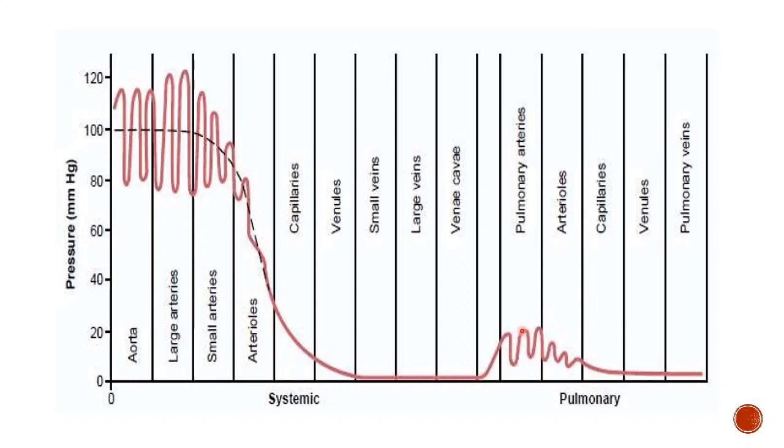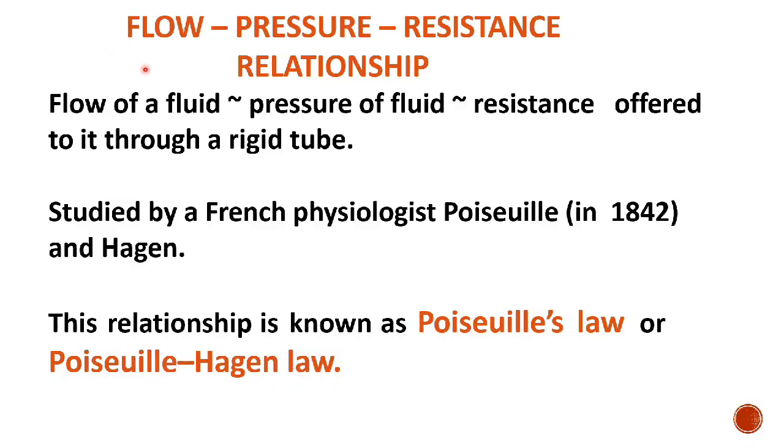And then on the pulmonary side it rises only up to 20 mmHg. That is why the pulmonary circulation is called the low pressure system and the systemic circulation is called the high pressure system.